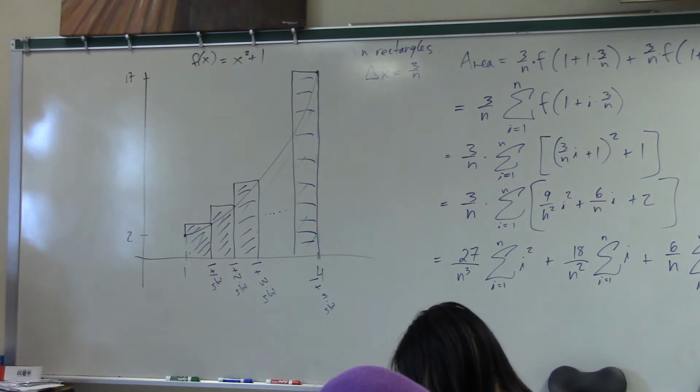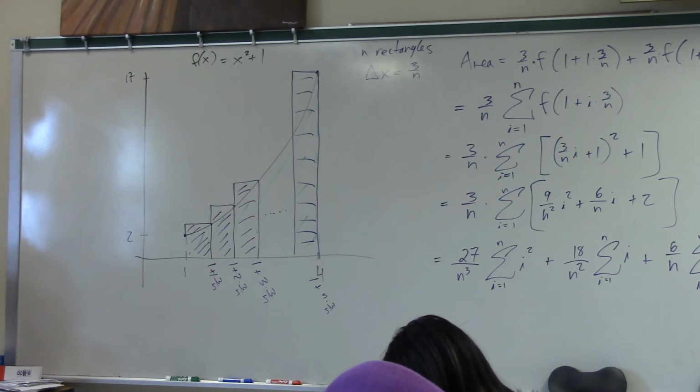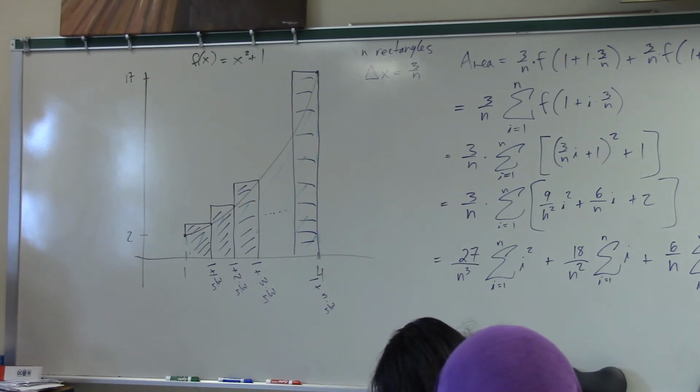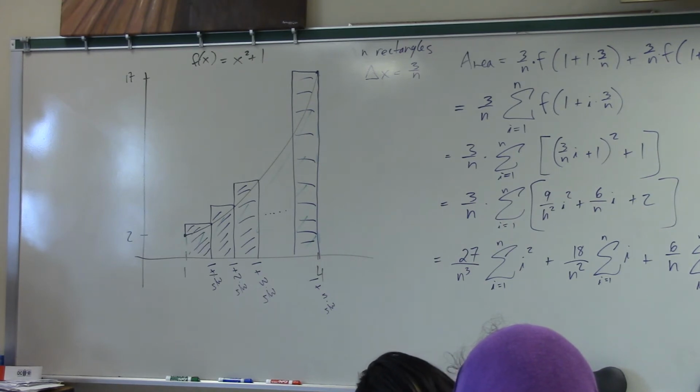So you just kind of do it, right? You're just splitting it up into 3 separate sigmas and then factoring things out. Alan, you cool?